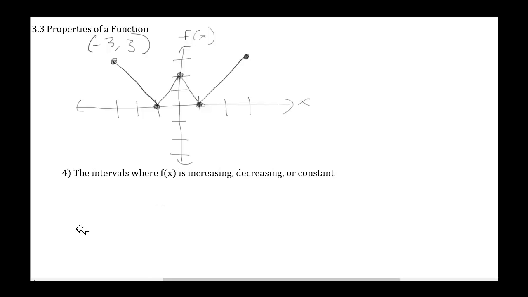Okay, part 4. We want to find the intervals for f of x, increasing, decreasing, or constant. So here, where is your key word? You're talking about x values here. You're saying where the function is increasing, decreasing, or constant. As I look at this graph, you can trace along here first. Here the function's decreasing, here it's increasing, here it's decreasing, and here it's increasing.